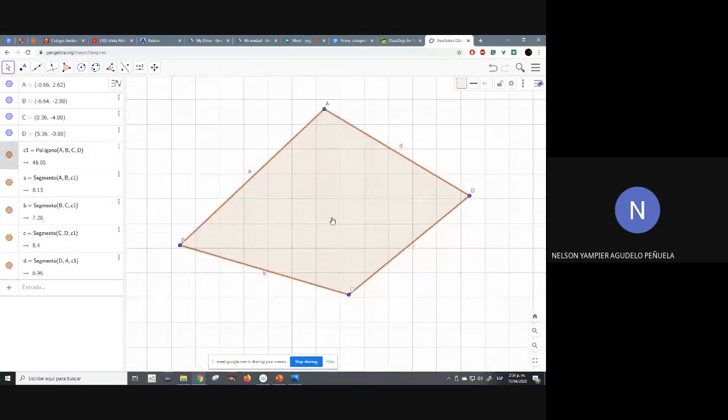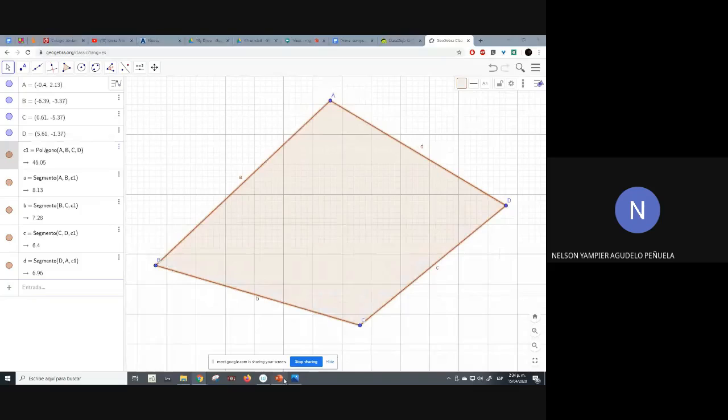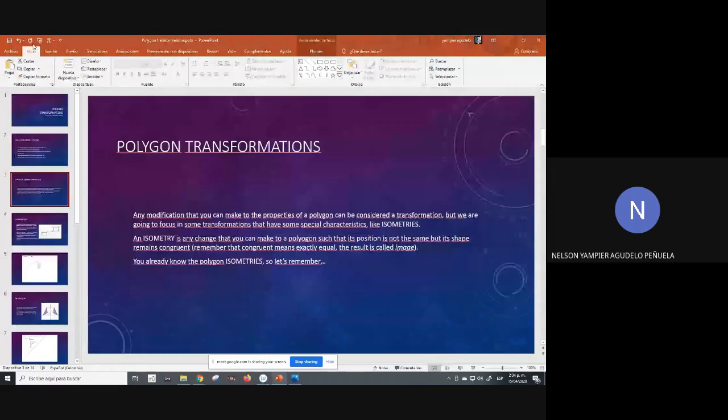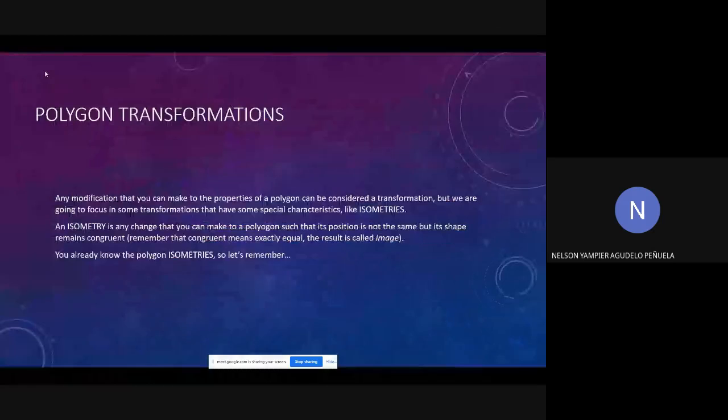That is also a transformation. But we are going to only focus on some transformations that are called isometries. Look, this word. But don't get scared about this word because an isometry is really simple. It's a transformation that doesn't change the shape.